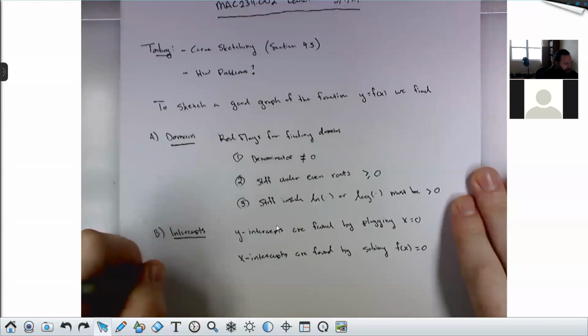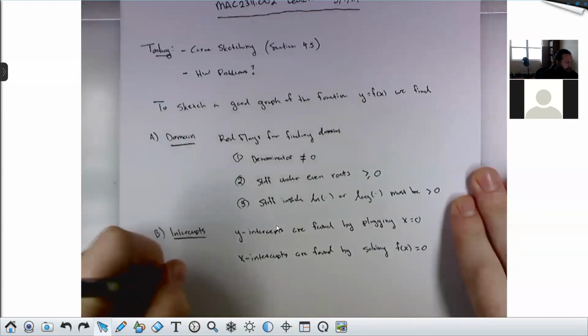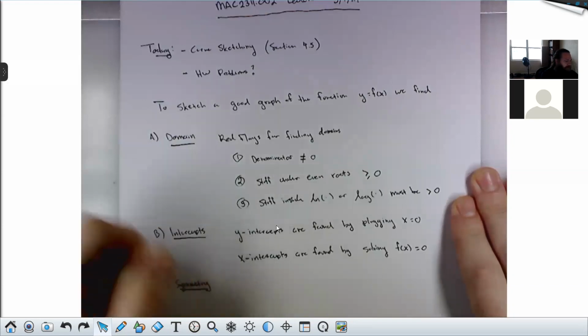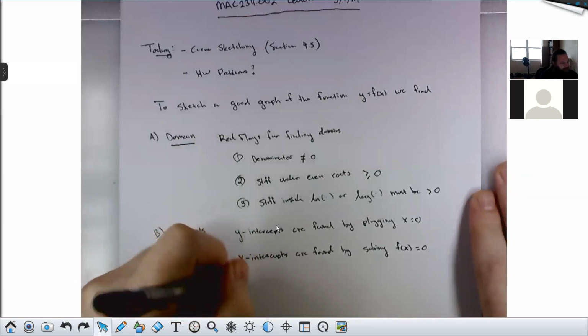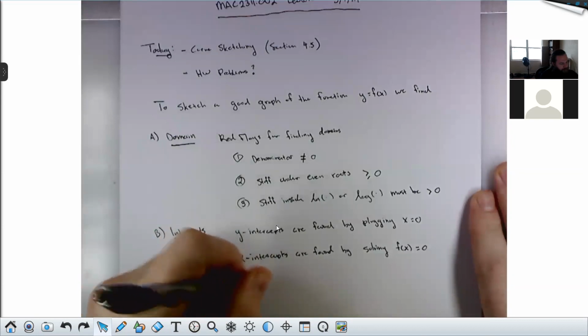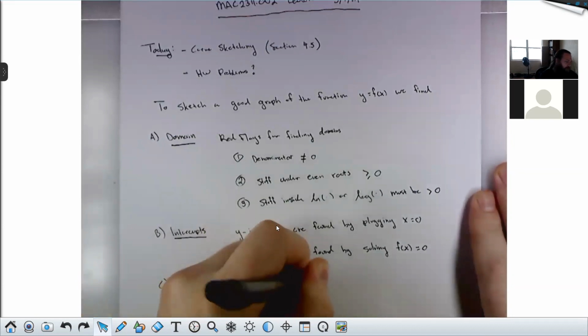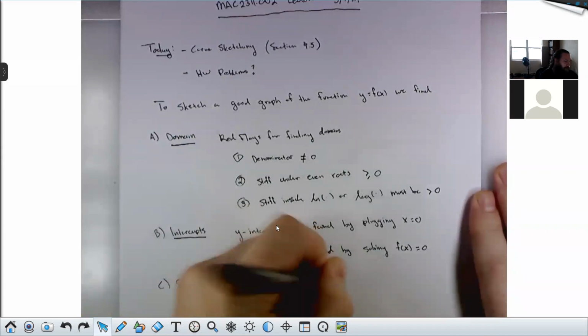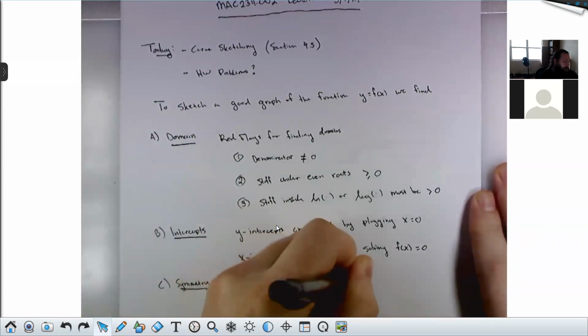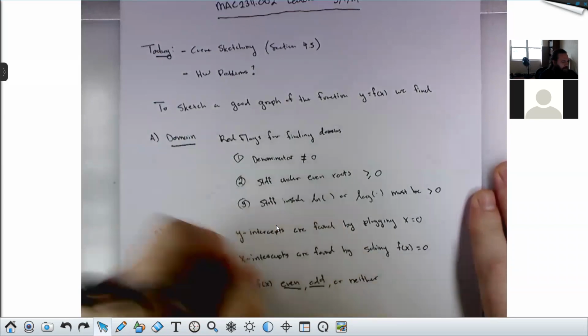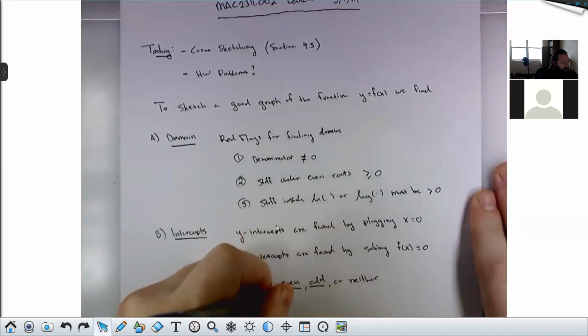The next thing you're going to look for is any symmetry that might help you. Is f even, odd, or neither? Remember, an even function satisfies f of negative x is equal to f of x.